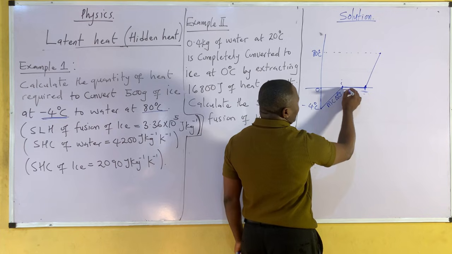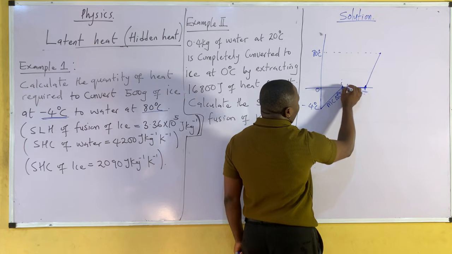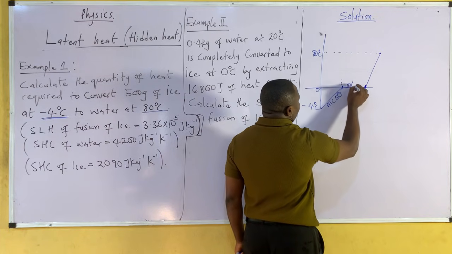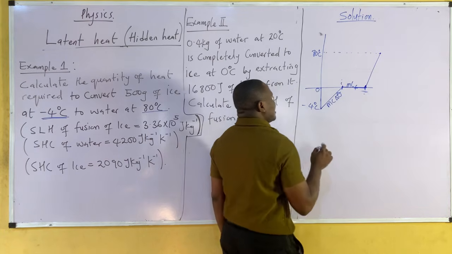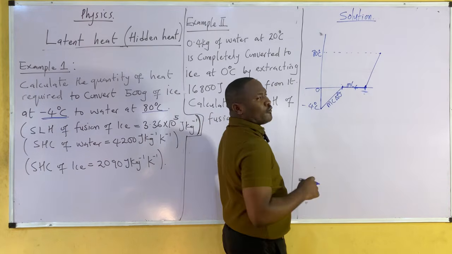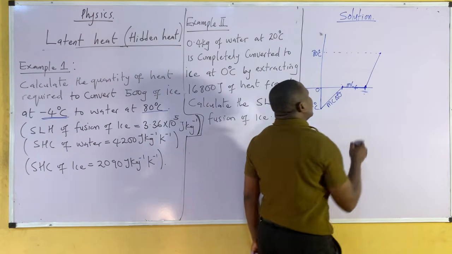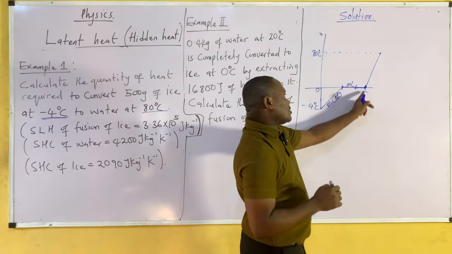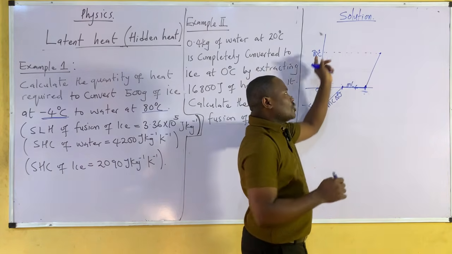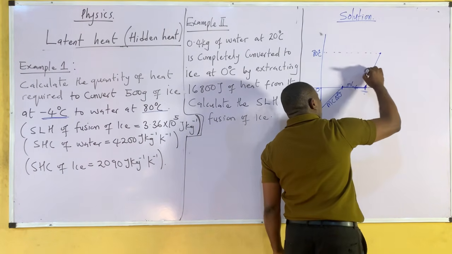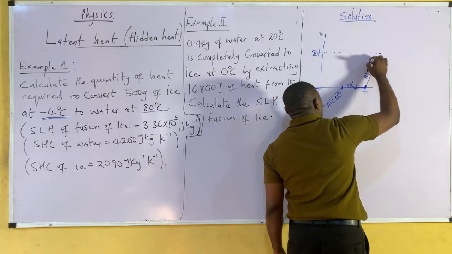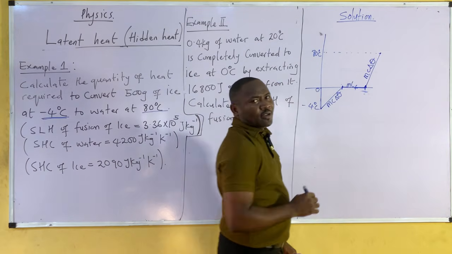And if it's melting, what do I have here? I have mL_f, which is latent heat of fusion. Now, what is happening from here to 80? There is a change in temperature from 0 to 80. So, what I have here is MC change in theta.